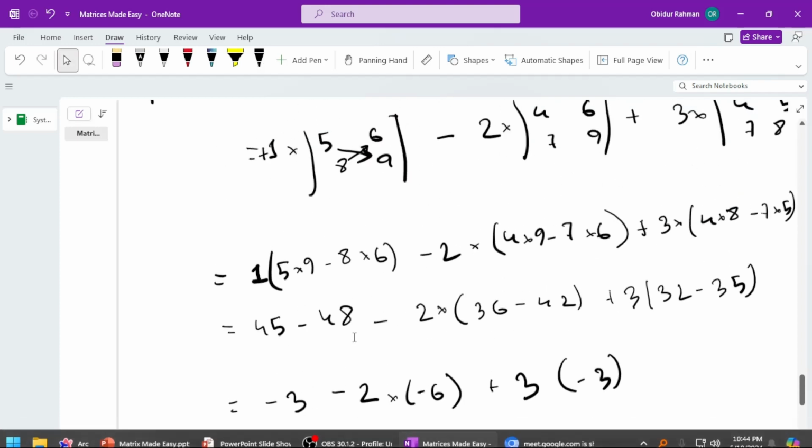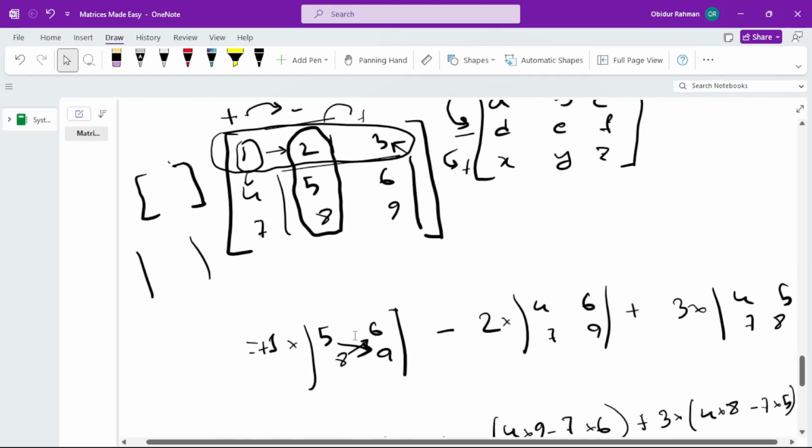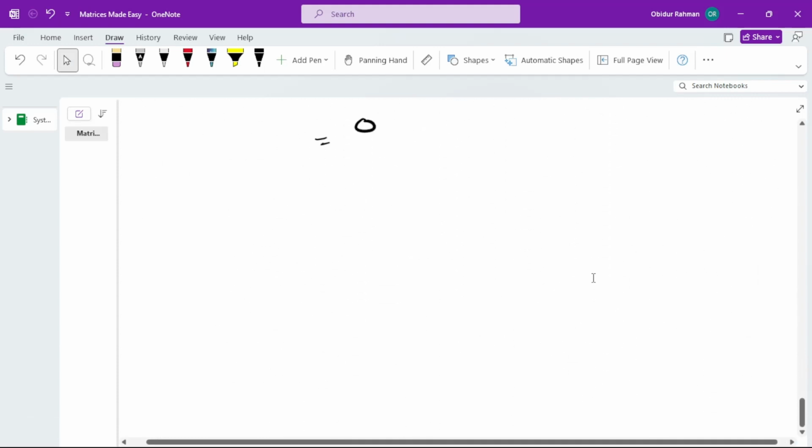So the determinant of this matrix is 0. That's how we calculate the determinant of a matrix.